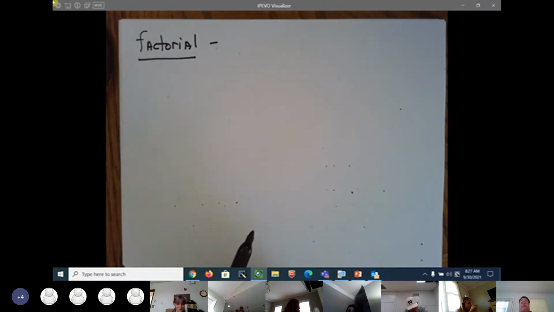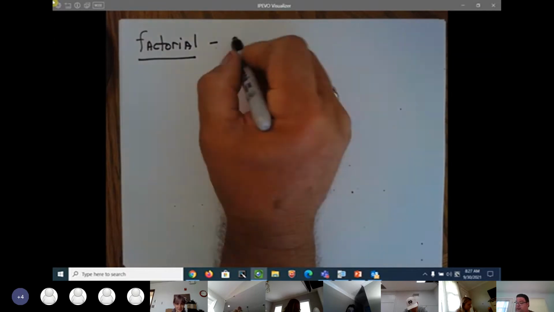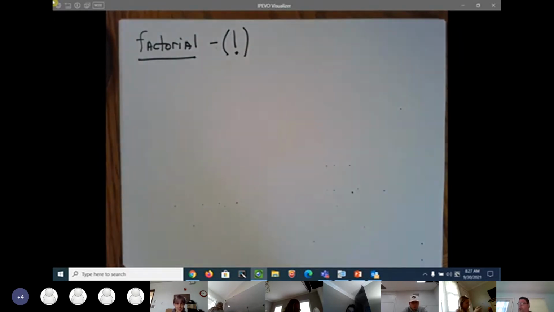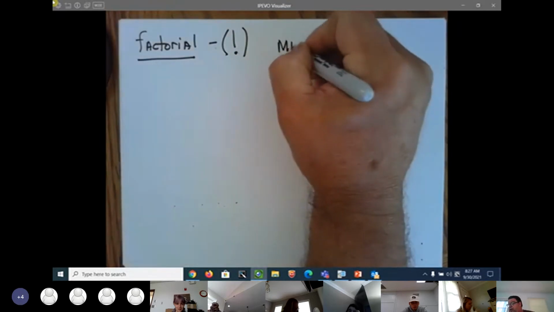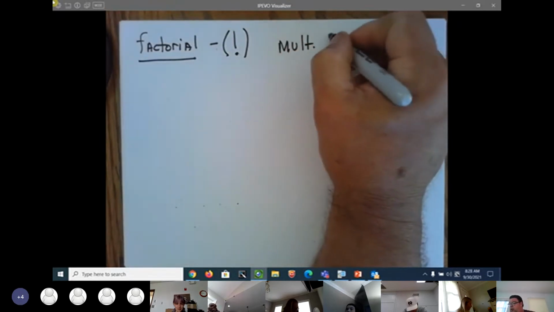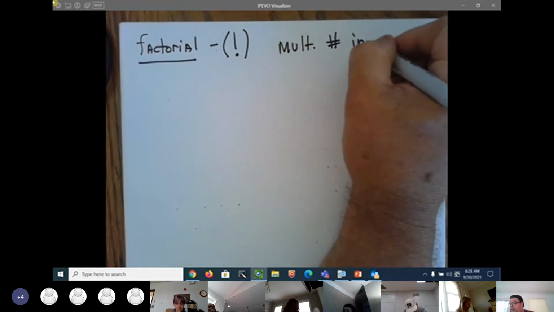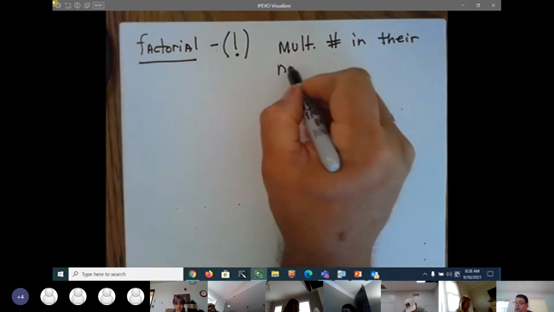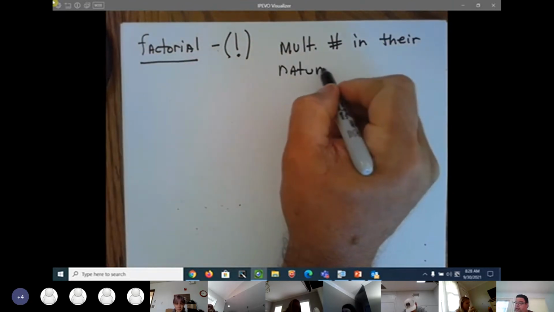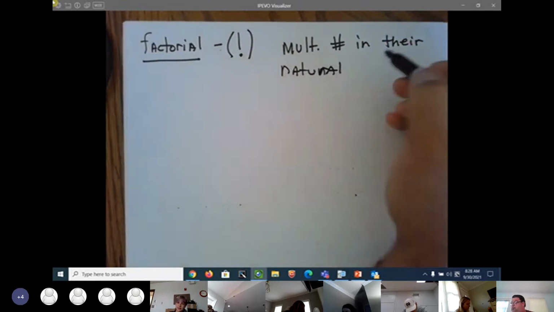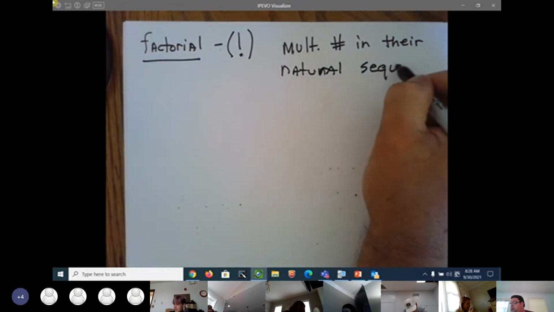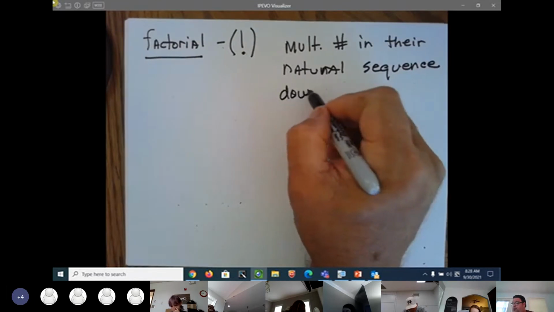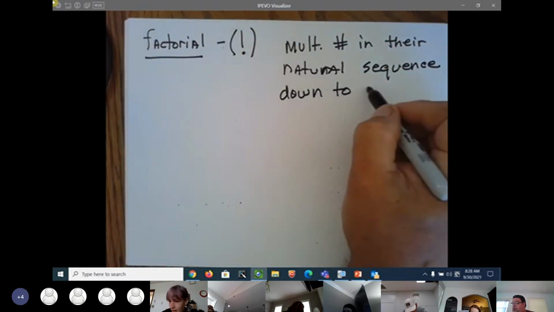The symbol for factorial is the exclamation mark. And it means multiplying numbers in their natural sequence down to 1.